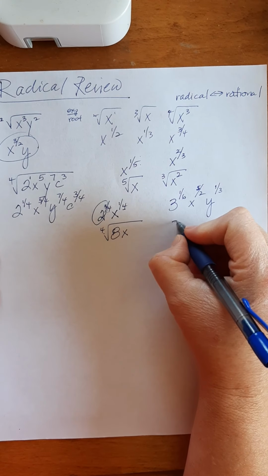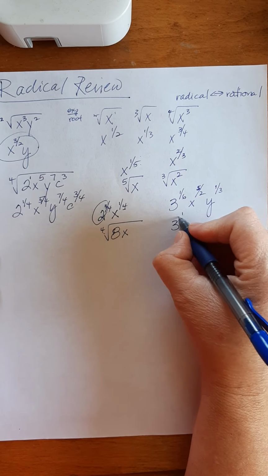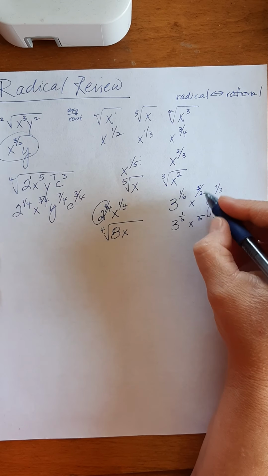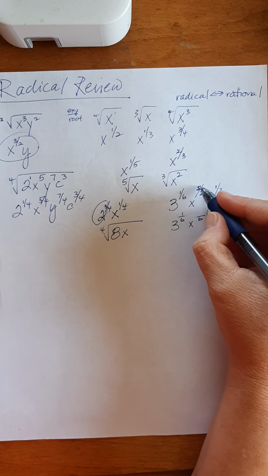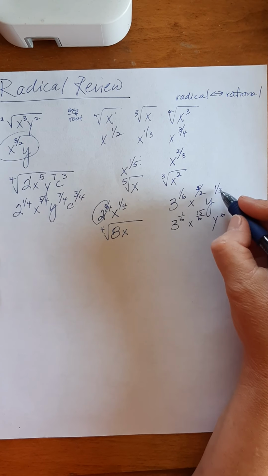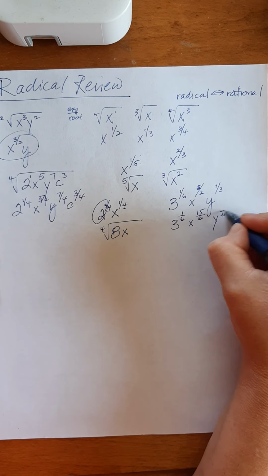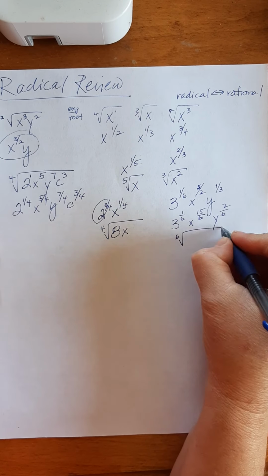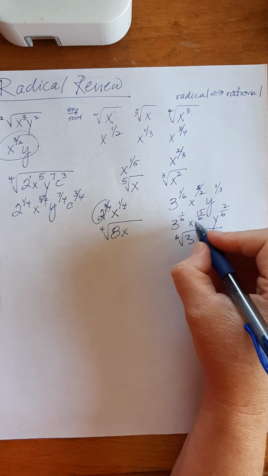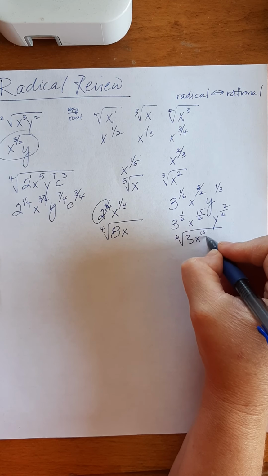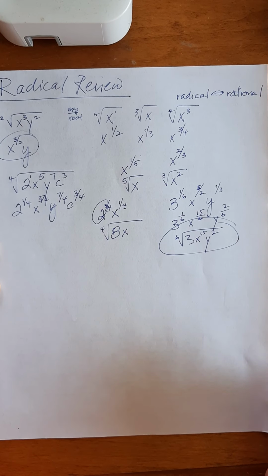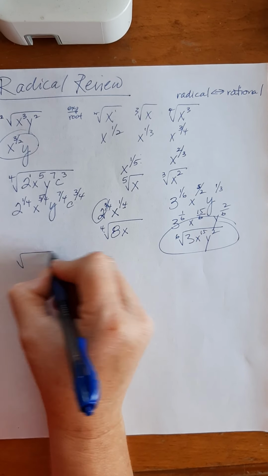Well, you can get it, because 2, 3, 6, common denominator of 6. So 2 times 3, 5 times 3, 3 times 2, 1 times 2. So 6th root, 3 to the 1st, x to the 15th, y squared.